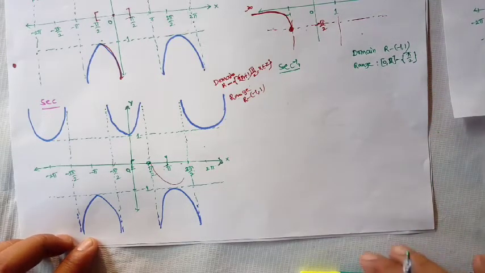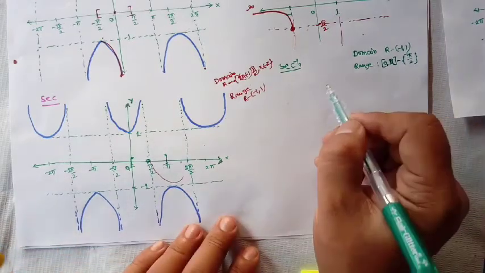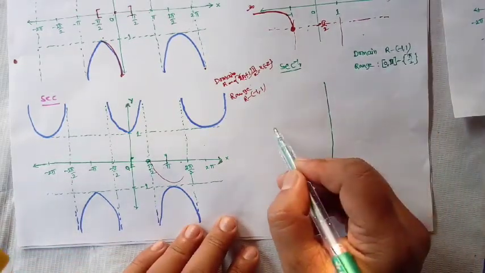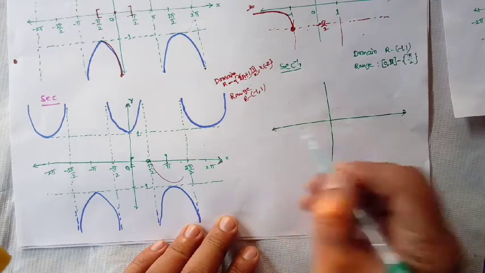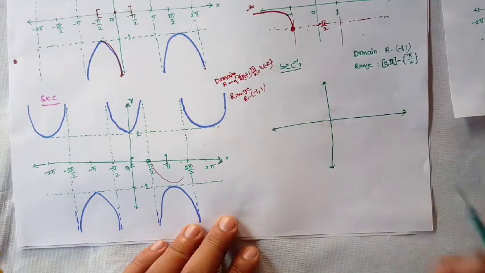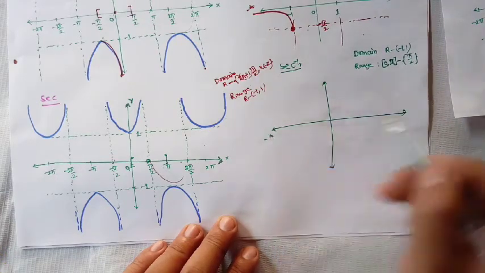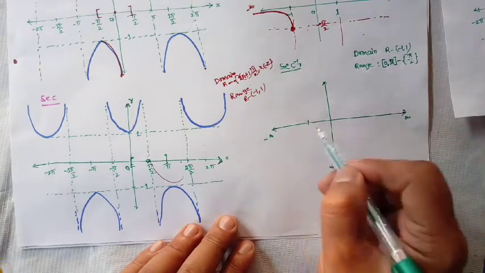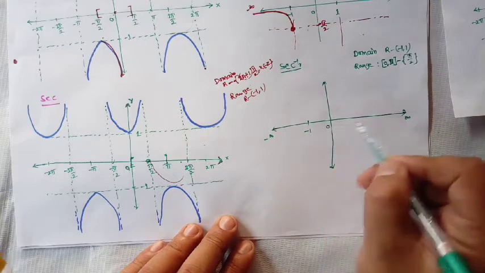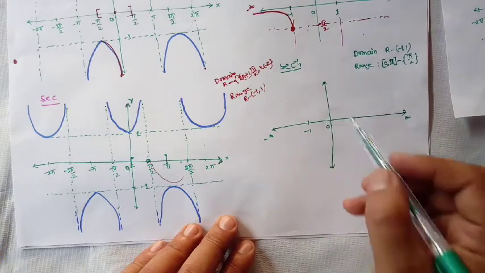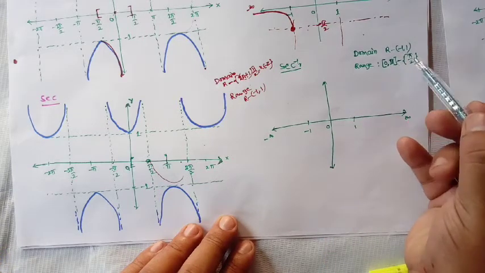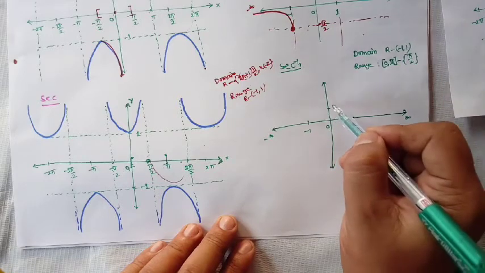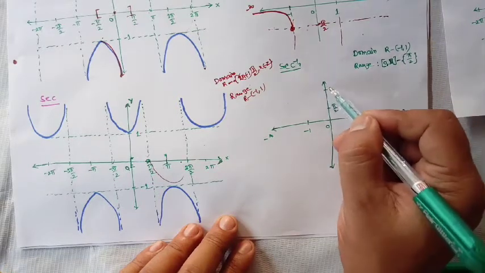Okay, now we'll see the graph here. It is minus infinity to plus infinity, and in the domain you consider minus 1, 0, 1, and the range is taken as 0 to pi, so 0, pi by 2, and pi.